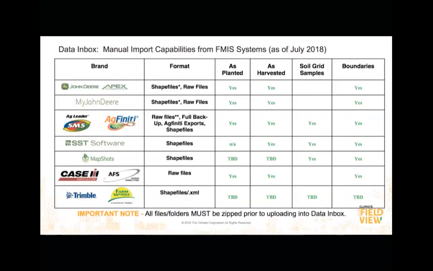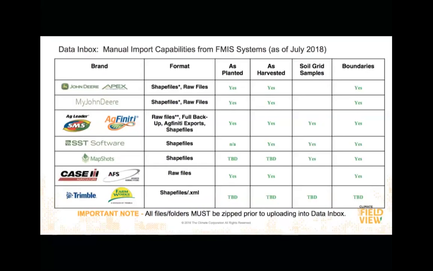When we talk about FMIS systems, so if you have your data in another third-party software system, can you transfer it to Climate FieldView? In a lot of cases, the answer here is going to be yes. As you can see on the screen, if it's in John Deere Apex, My John Deere, Ag Leader SMS, Agfinity, SST, Mapshots, Case AFS, all those systems move a lot of data into Climate.